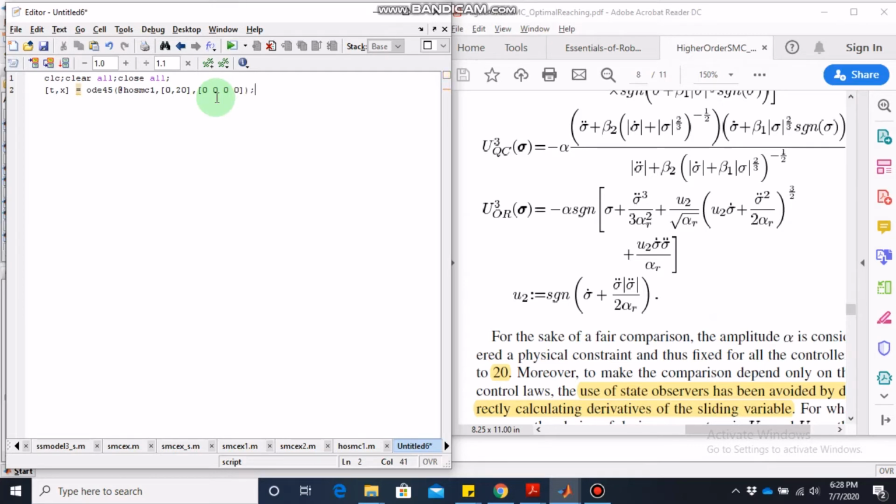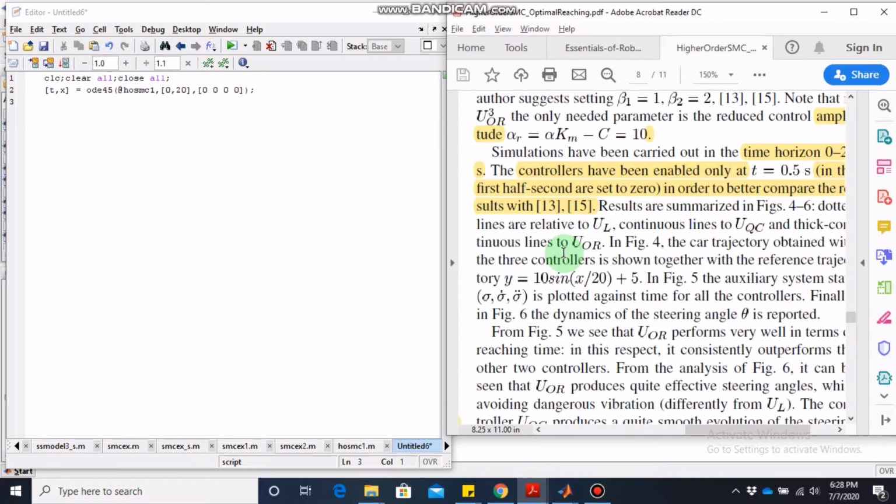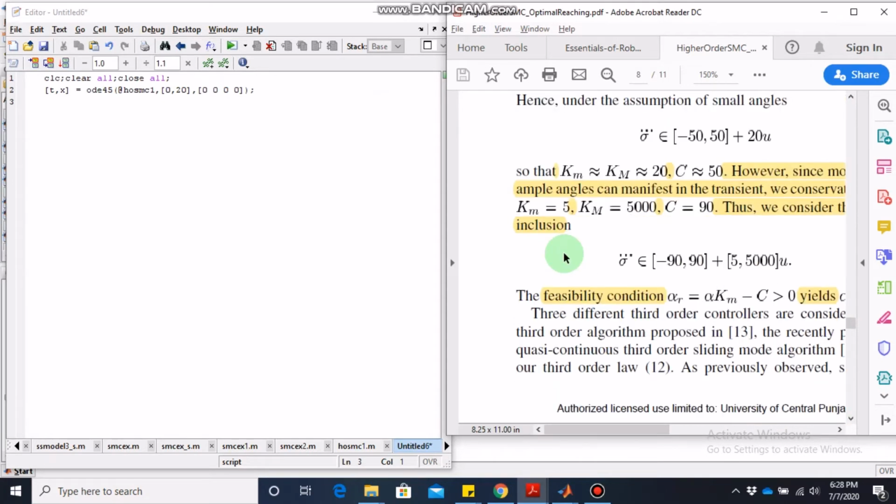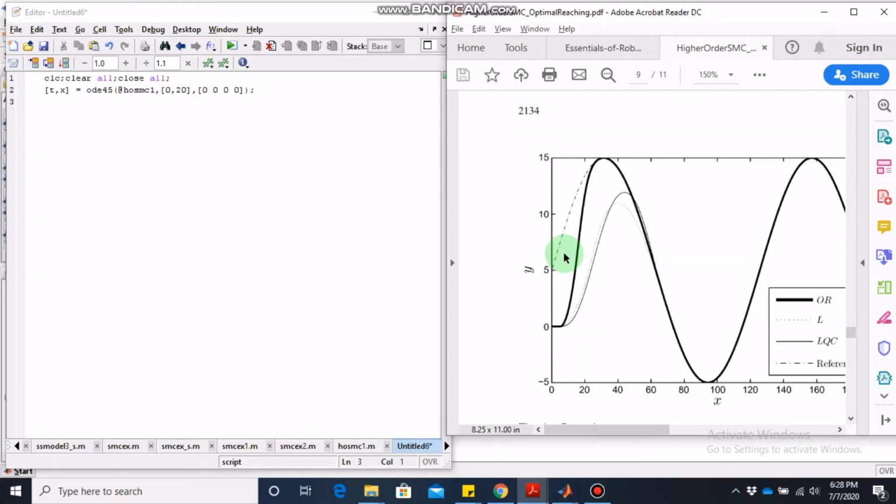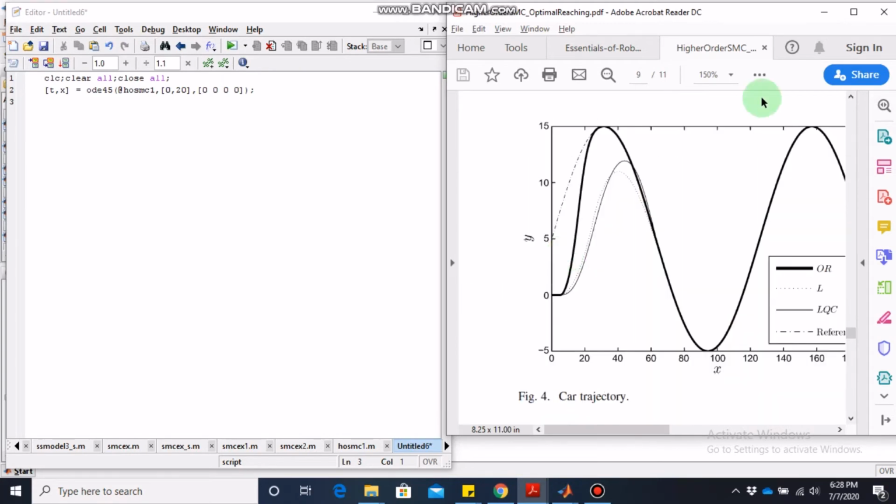This command is complete. Now we need to plot the trajectory. You can see here that in this paper they have plotted x versus y, in this graph.